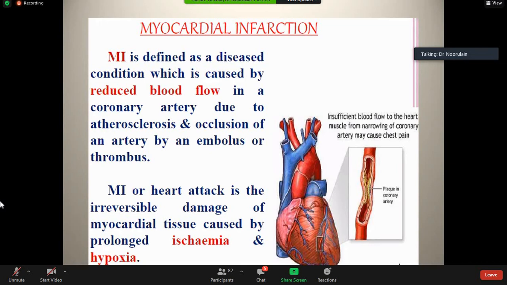There are two types of MI. In ST elevation MI, there is ST segment elevation on the ECG, and the other type has no ST segment elevation, which is NSTEMI. These are the different types of myocardial infarction on the basis of the ECG.